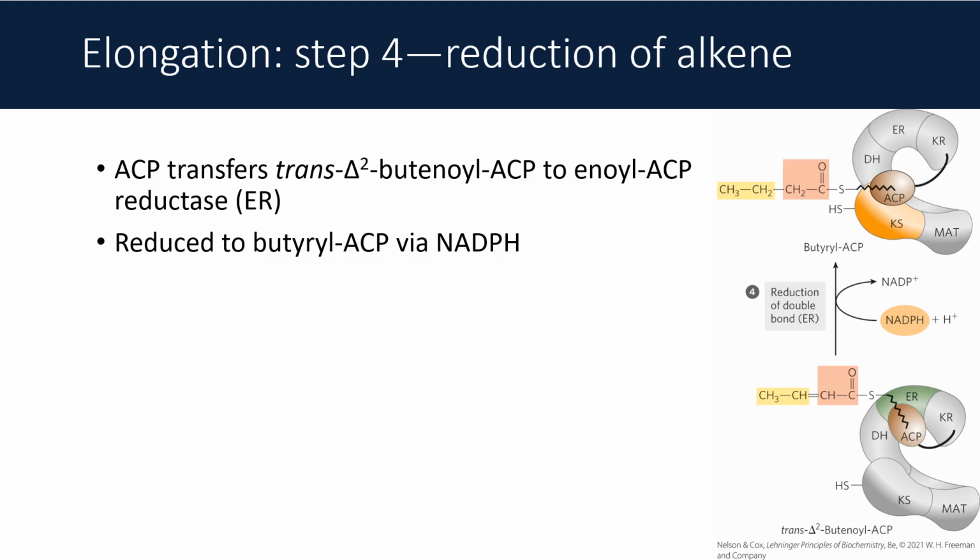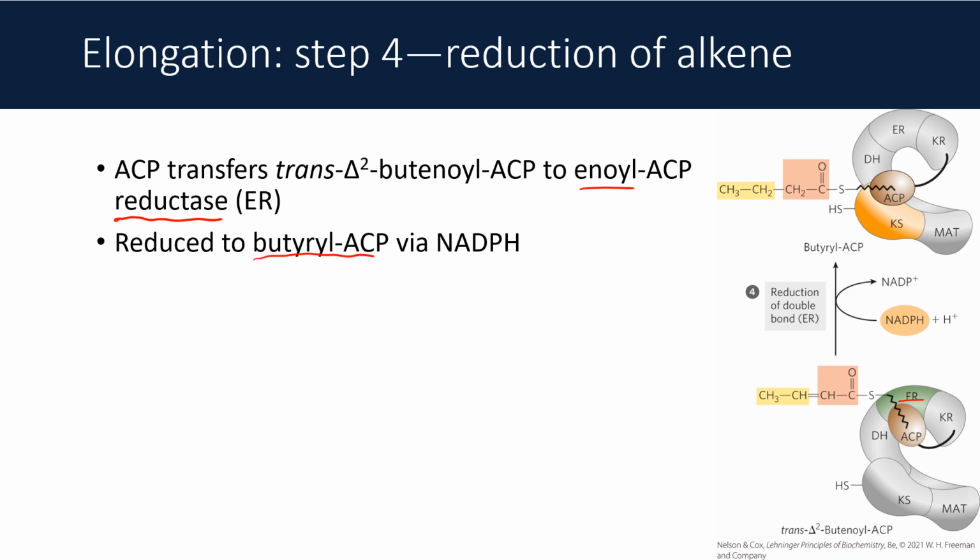ACP is now going to hop on down to the last domain that we haven't yet visited, enoyl ACP reductase, ER for short. And it's going to do just what the name says. It is going to reduce the enoyl group into an alkane, specifically into butyryl ACP.